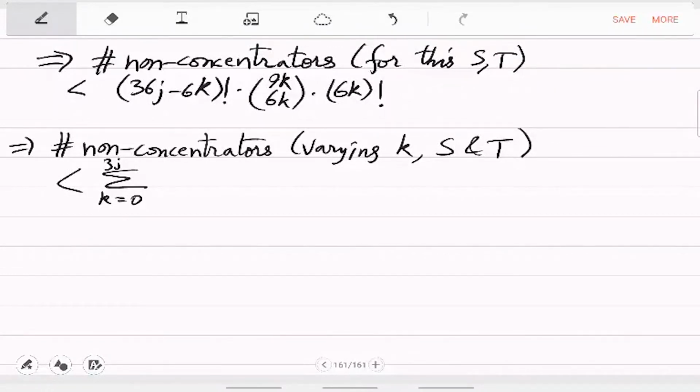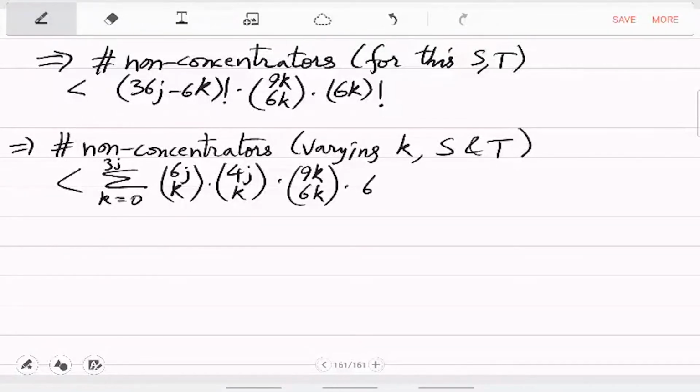And for that, how many S and T? 6j choose k times 4j choose k, right, times 9k choose 6k, then 6k factorial, and 36j minus 6k factorial. That's the number of non-concentrators, upper bound.